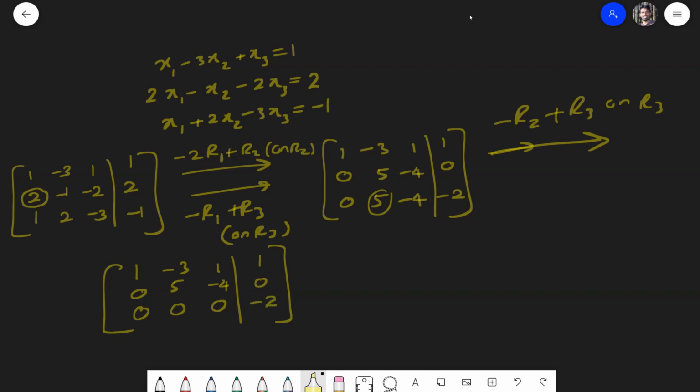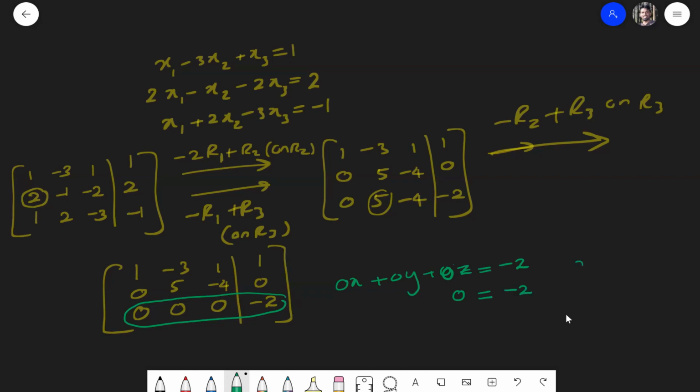Now, this example, this is pretty much it at this point. Now, I want you to look at this last row. This means 0x plus 0y plus 0z equals -2. In this case, the left hand side is 0, right? 0 into anything is 0, and that is -2.